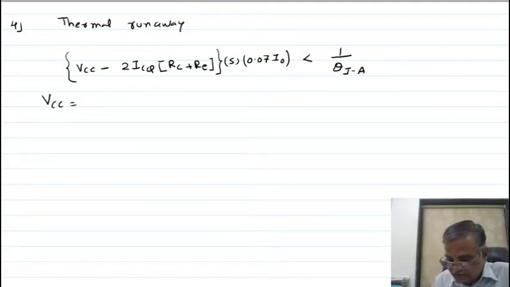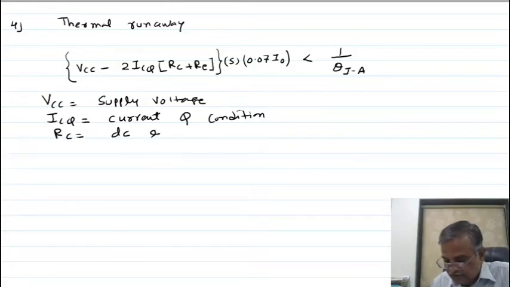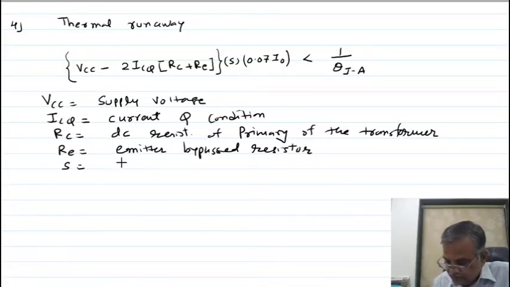Here VCC is the supply voltage, this is the collector current at the Q condition, RC is the DC resistance of the primary of the transformer, RE is the emitter bypass resistor, S is the stability factor, I0 is an extra DC component.